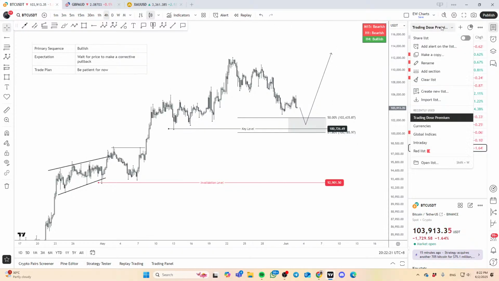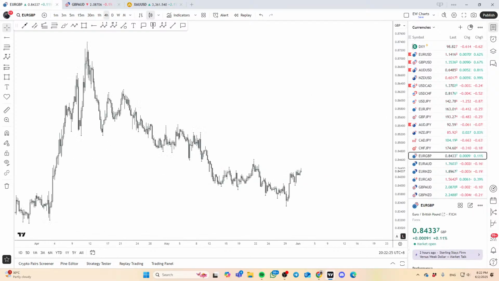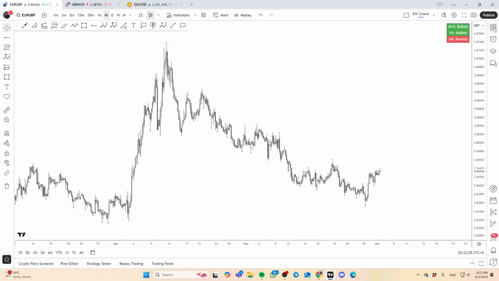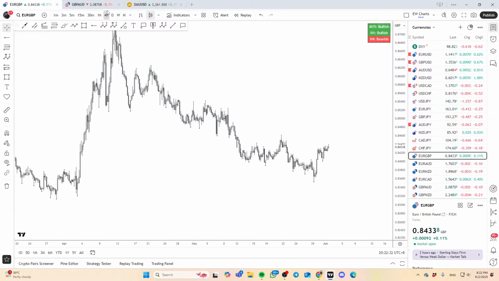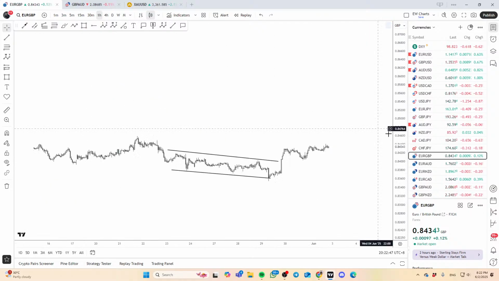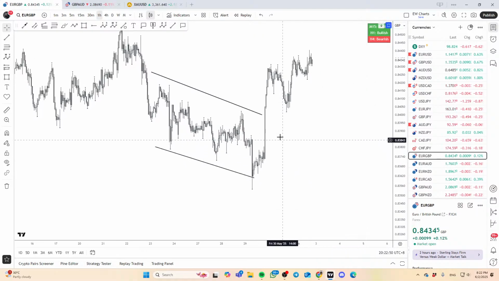Cool, I see one on Euro Pound. On the H4 time frame, we do have a bullish structure, and the market reacted off that to the upside. Naturally, the lower time frame might give us a clearer picture.